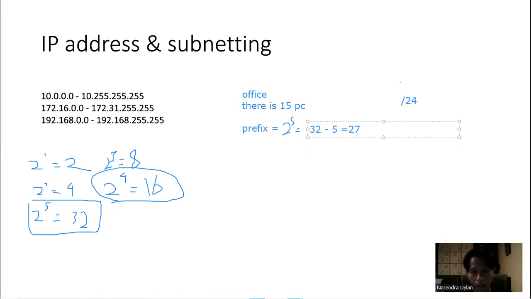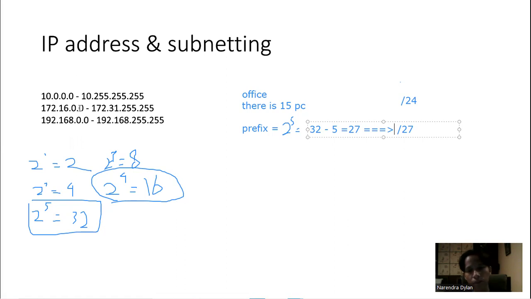Okay, the prefix for 15 PCs is /27. After we get the prefix, we choose the IP option.